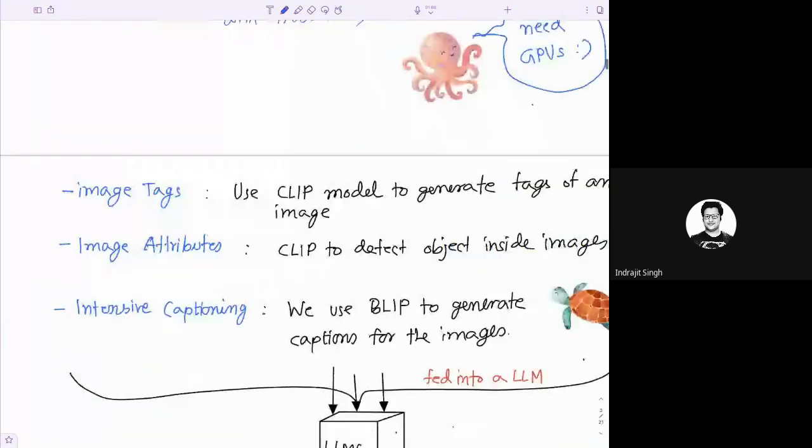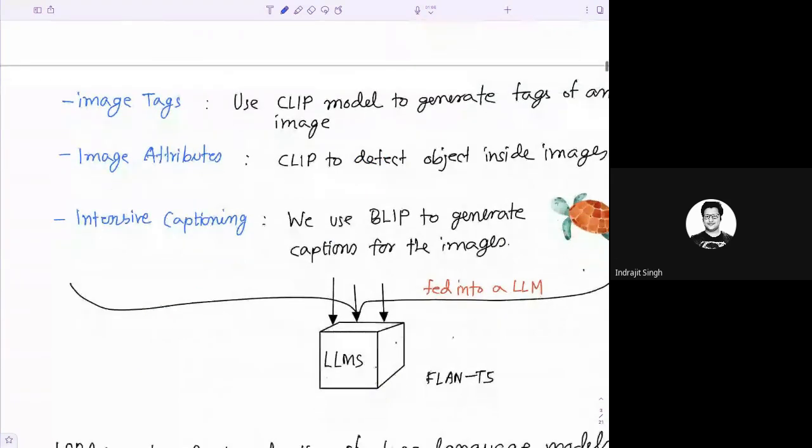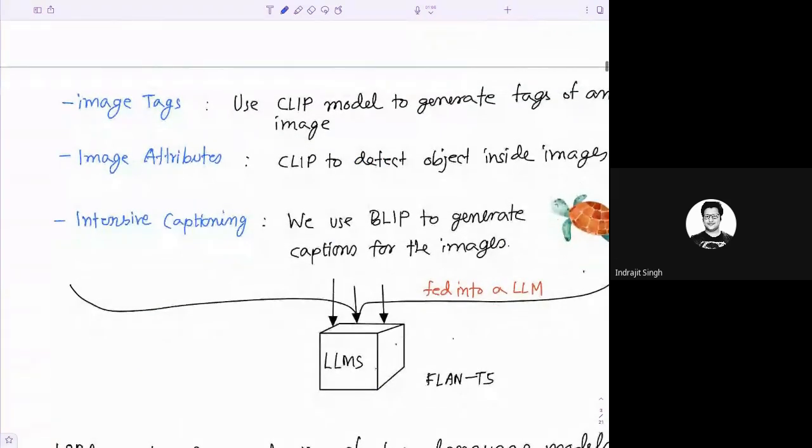Okay, so now let's see what exactly these models are trained with. How do we bring multimodality? One is that you use image tags, image attributes, or intensive captioning.